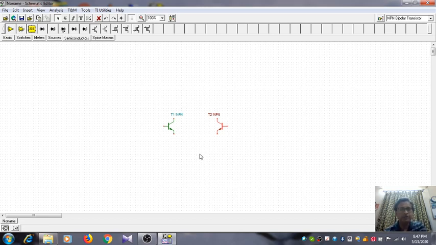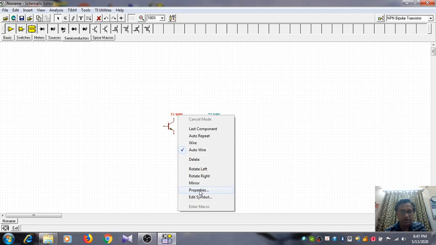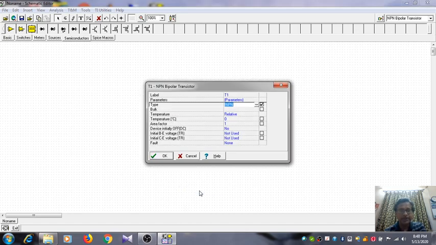Now, in order to choose the transistor properly, let us go over to the properties. If you remember, in our laboratory we used one variety of NPN transistor that goes by the name of BC547. So let us see if we have that particular transistor in the repertoire.